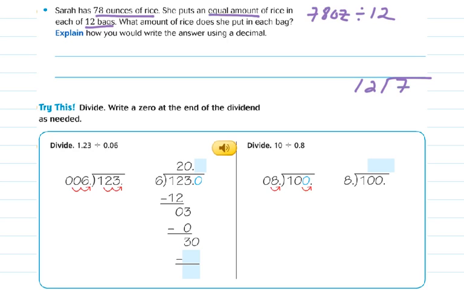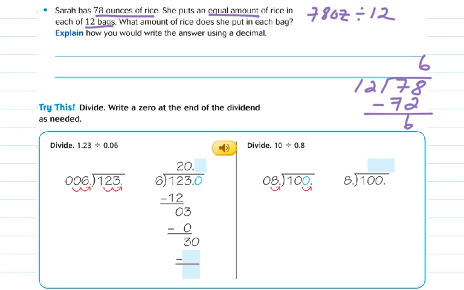So what we say is 78 divided by 12 is 6. Again, 6 times 12 is 72. And now what we do is we have 78 minus 72 is 6.